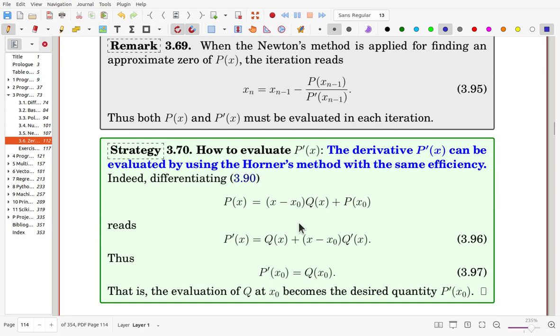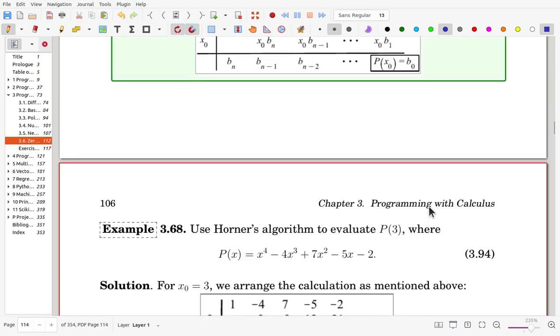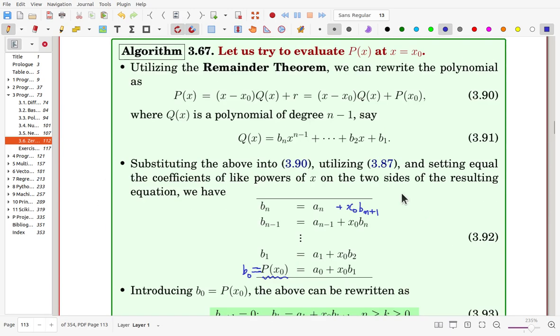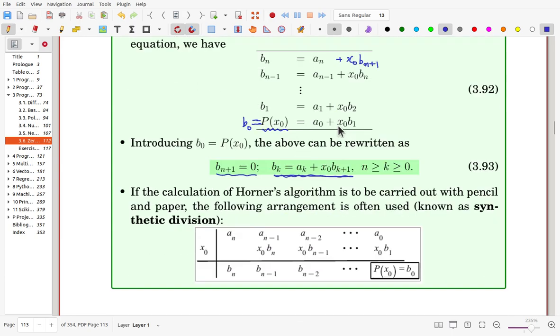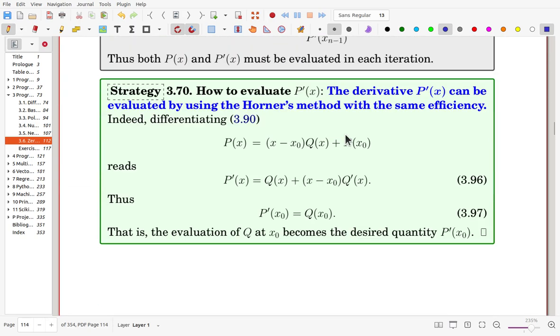Here, from the remainder theorem, we differentiate it, then this term will disappear, and by using the product rule we have Q of x and x minus x0 and Q prime x. Now, what we have to do is evaluate P prime at x0.